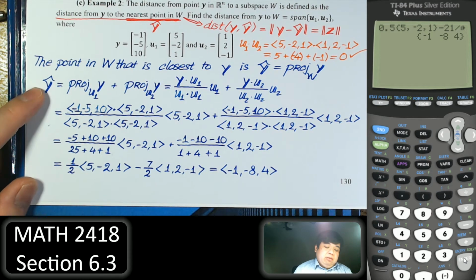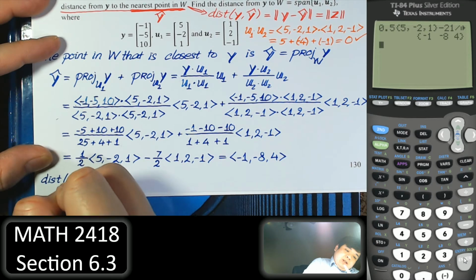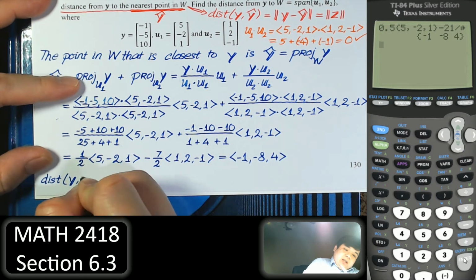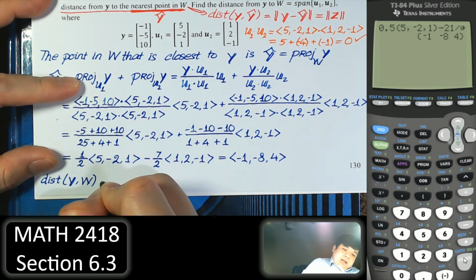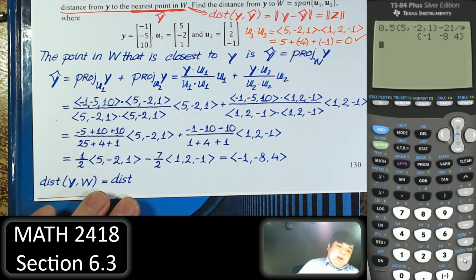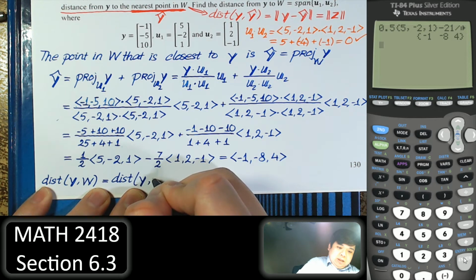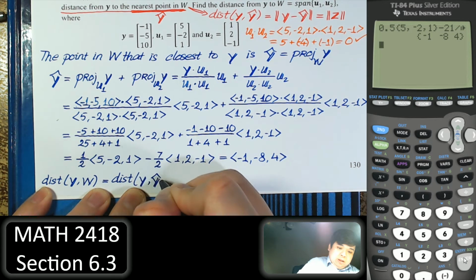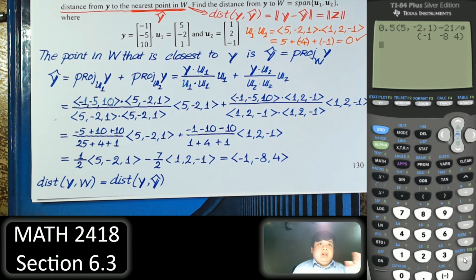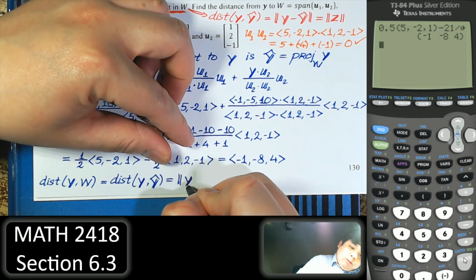And so we said the distance from y to W is equal to the distance from y to y hat. Because the distance from y to W is the distance from y to the closest point in W, and that is equal to the norm of y minus y hat.